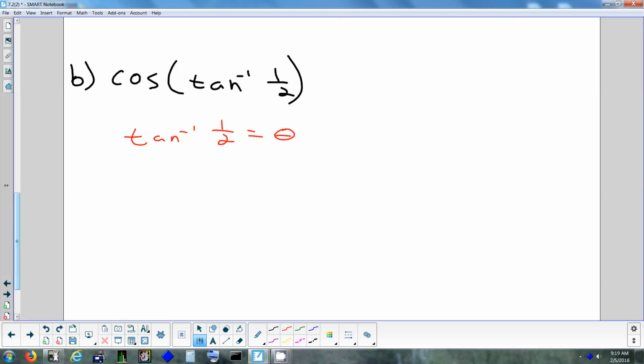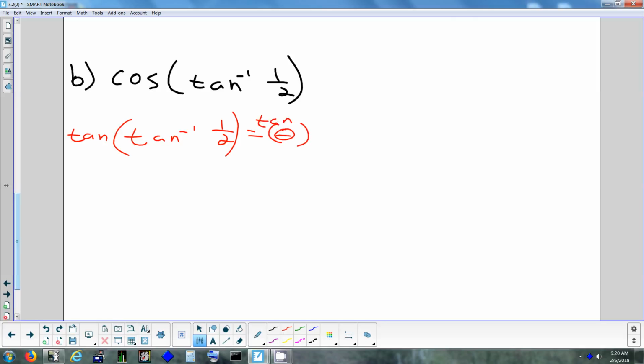So Julianne, what would I do on both sides to get rid of inverse tangent? You would take tangent of each side. Exactly. Take the tangent of each side. Take the tangent on the left.